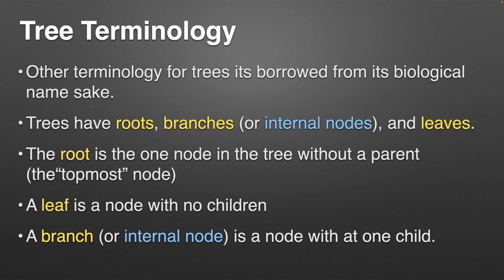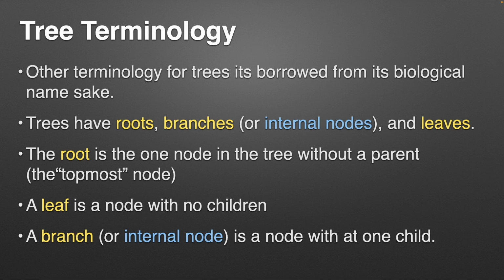It's very straightforward. There are a few other things. Obviously we have a root node that starts our tree. Sometimes we call them branches, but it's probably more intuitive to think of them as internal nodes.